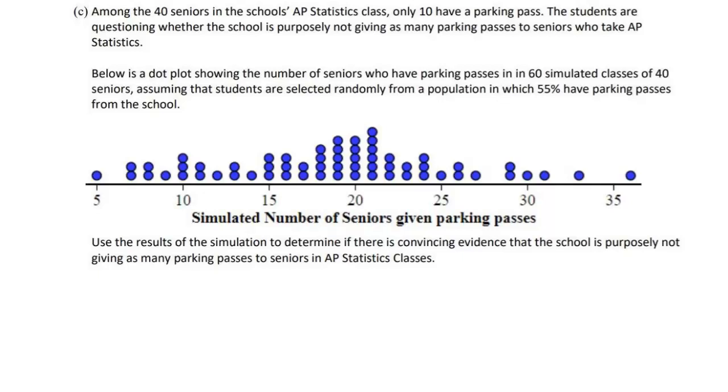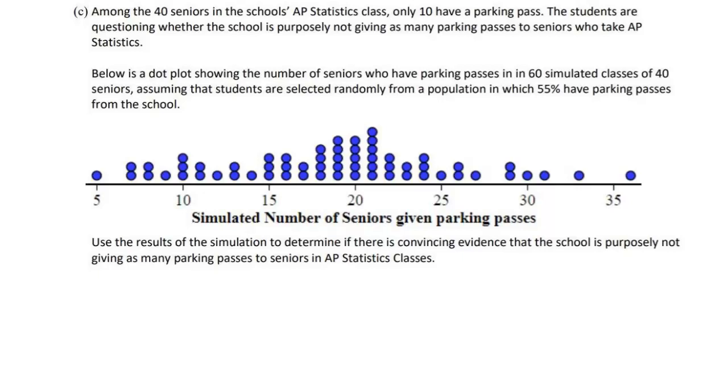Below is a dot plot showing the number of seniors who have parking passes in 60 simulated classes of 40 seniors, assuming that students are selected randomly from a population in which 55% have parking passes from the school. Use the results of the simulation to determine if there's convincing evidence that the school is not purposely giving as many parking passes to seniors in AP statistics classes.